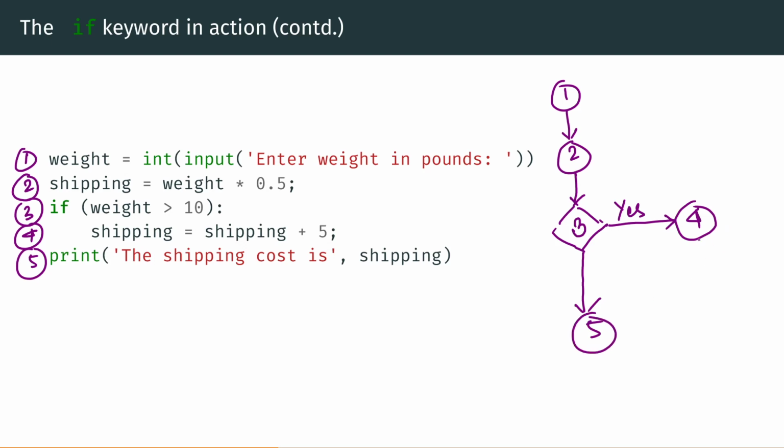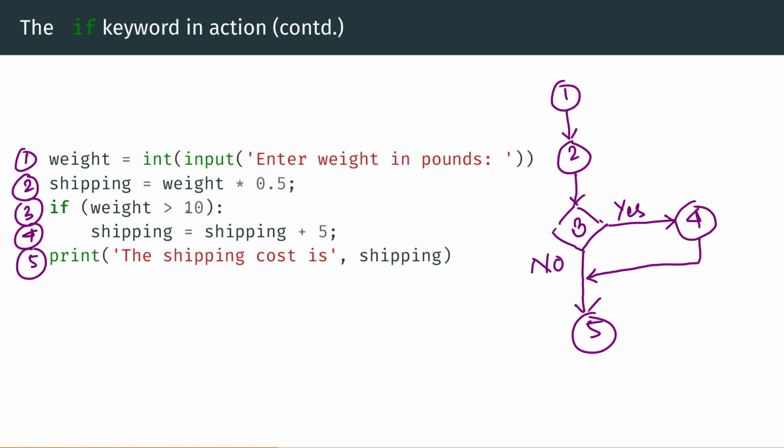And from 4, you join this path before you do this, right? So if the condition at 3 evaluates to true or a yes, you go through 4. That's one extra step before you go to 5. If it's a no, or if this condition evaluates to false, you go from 1 to 3 directly to 5. You don't go through 4. Okay, so that's like a detour.